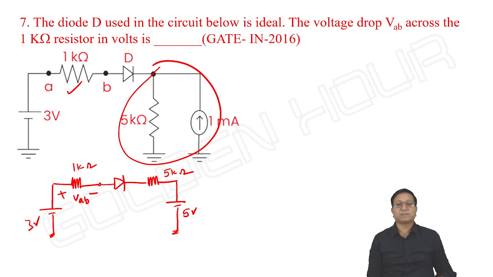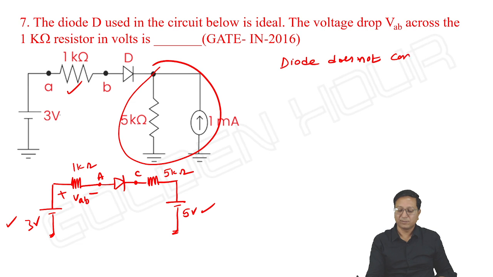What might be the status of the diode? Does the diode conduct? No. The anode of the diode is going to 3 volts and the cathode is going to 5. Anode is at lesser voltage compared to cathode. Diode does not conduct. Means the diode simply acts as an open circuit.